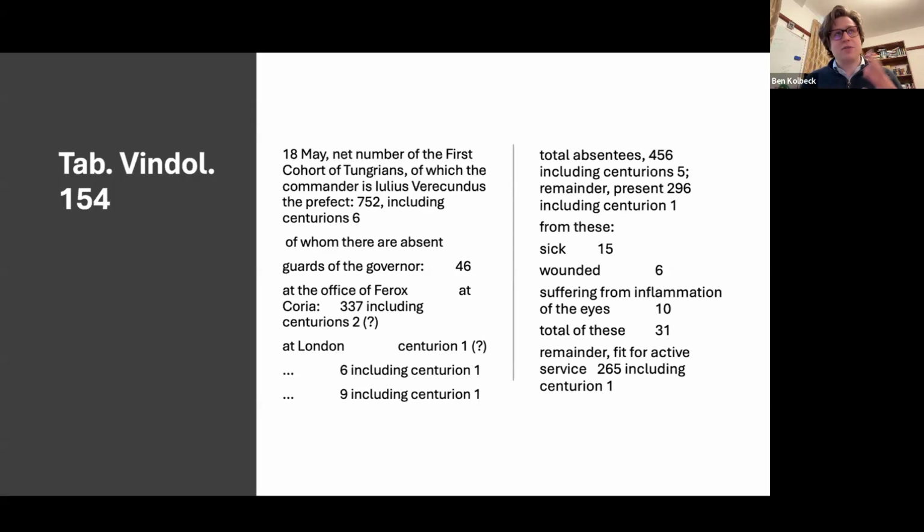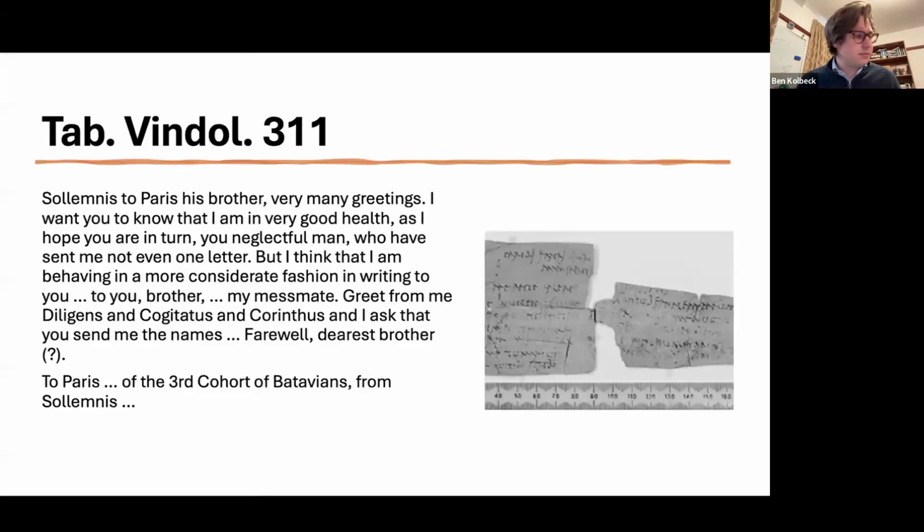So we get a picture into all the different jobs, the different places that these soldiers might be, even when theoretically they are at Vindolanda, but actually they're spread all around the country. And then we do have a few texts which seem like personal letters of people a little bit further down the social scale.